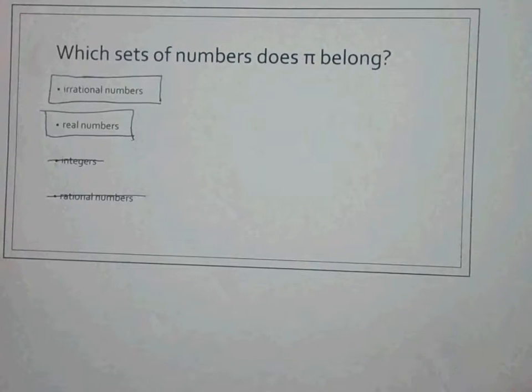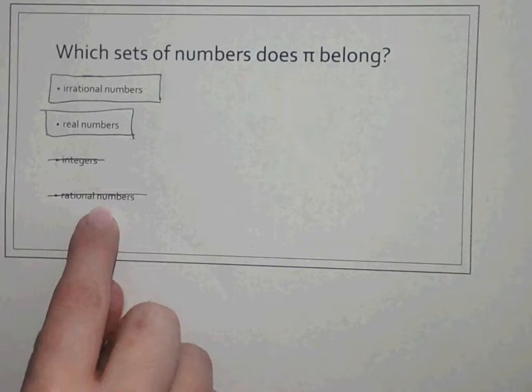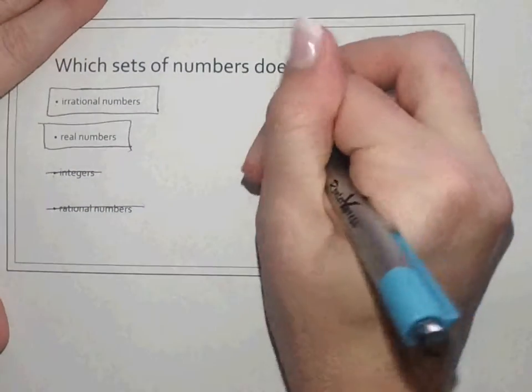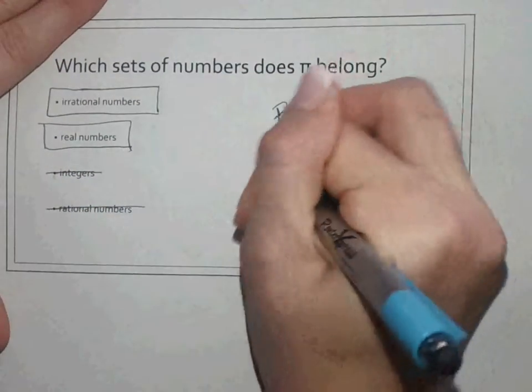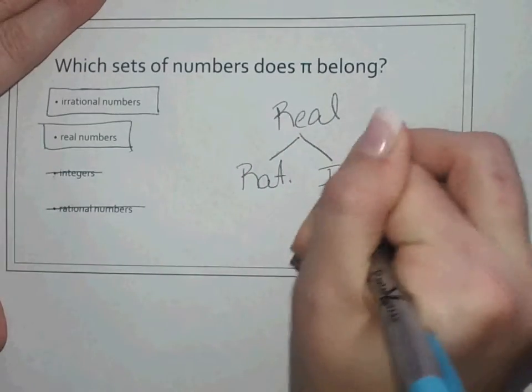Okay, real number is the whole big group. Irrational is a subclass of that. Okay, and then rational is rational and irrational. Okay, so it starts with real, and then they split to rational or irrational.